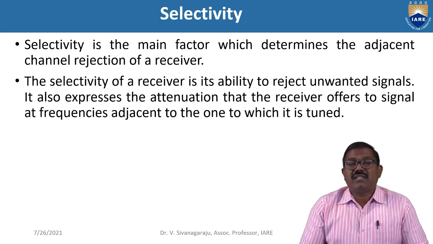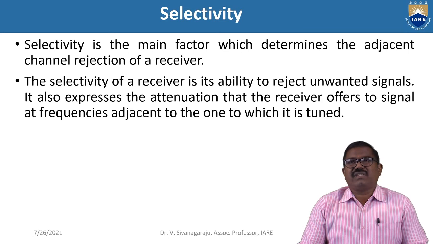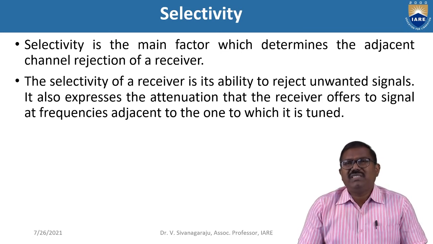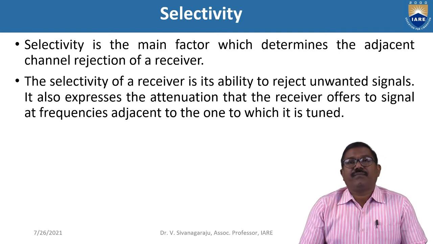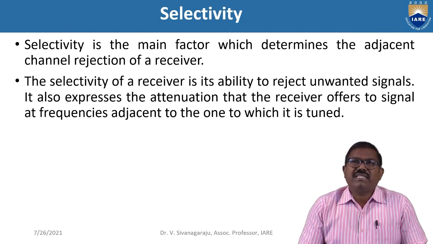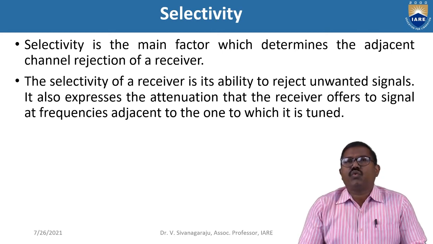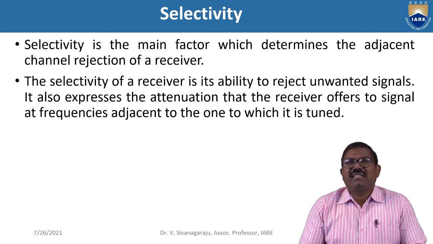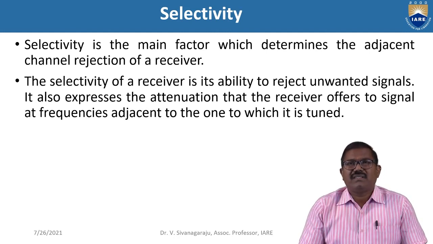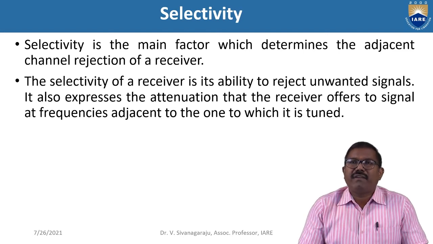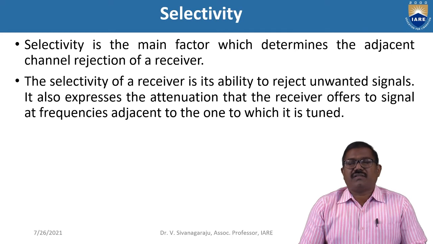After sensitivity, we have selectivity. This selectivity is also a very important characteristic of the receiver. Selectivity is the main factor which determines the adjacent channel rejection of a receiver. Why?